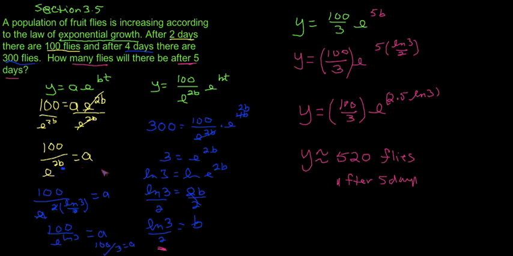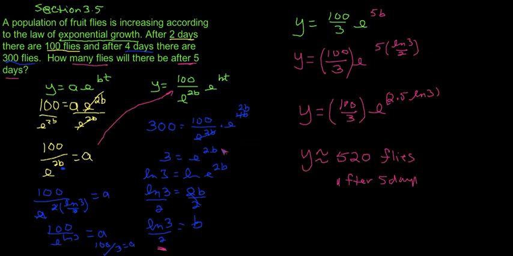Then that value took its place when we rewrote our exponential growth model, and we went to our second step where t was 4 and our y value was 300. So y became 300 and the time became 4.